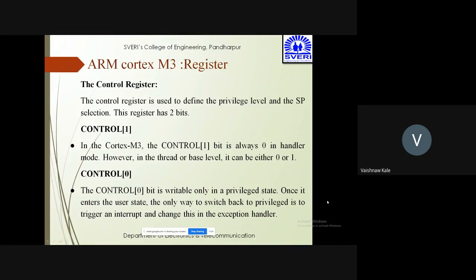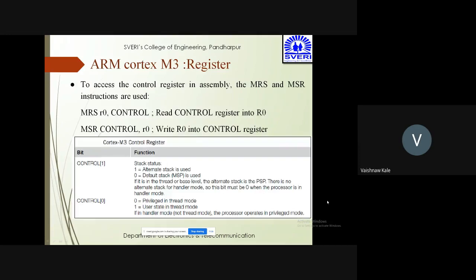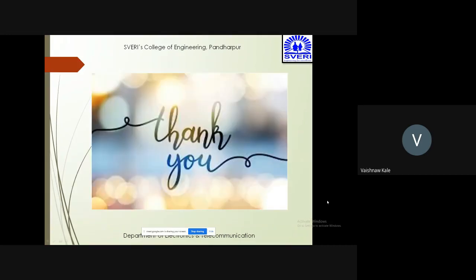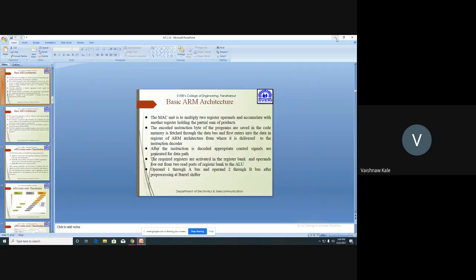Once it enters the user state, the only way to switch back to privilege is to trigger an interrupt and change this in the exception handler. So this is how the control register can be written. MRS is for reading, MSR is for writing. So this is how the things are there.